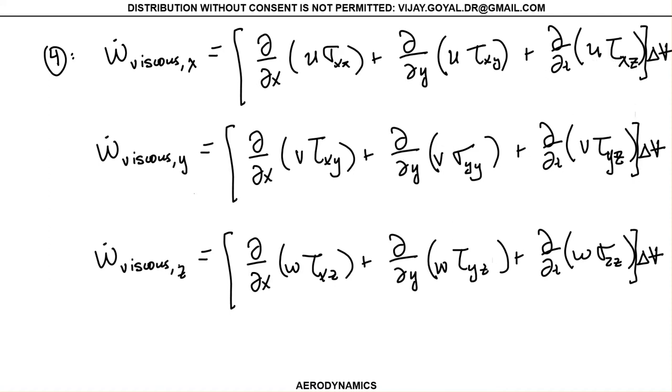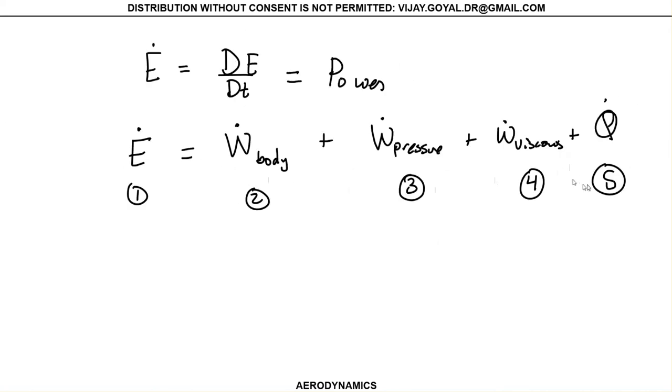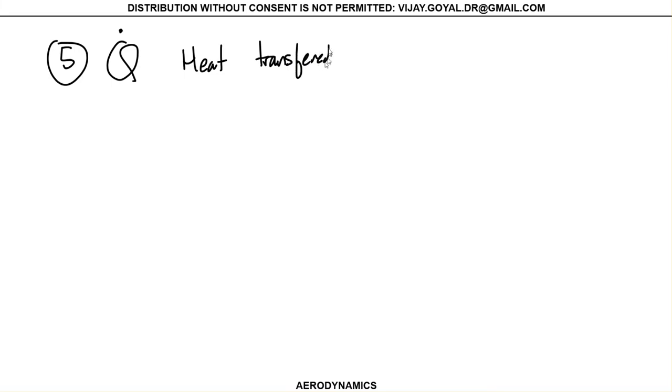The last term that you have in this equation is the heat. So number 5, q dot, this is the heat transferred by conduction.